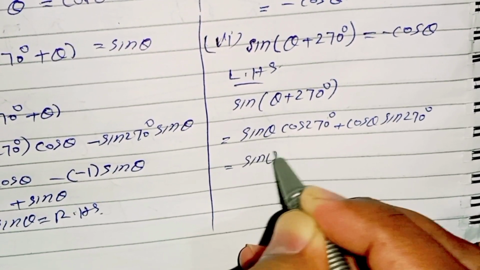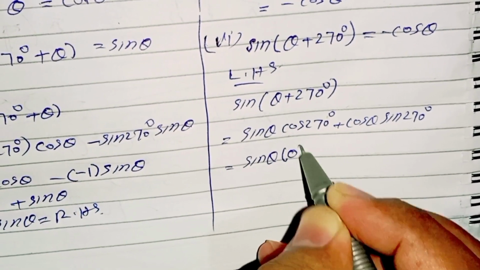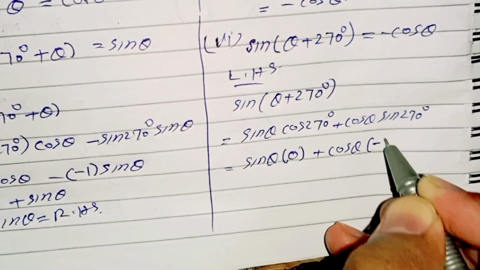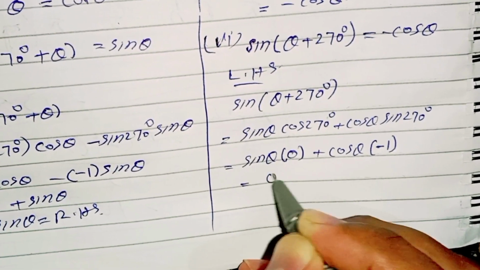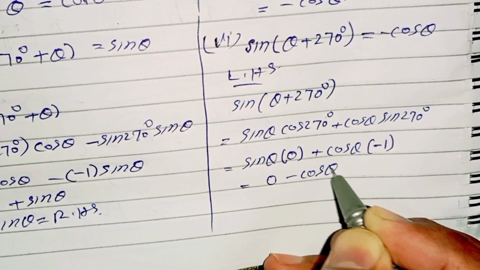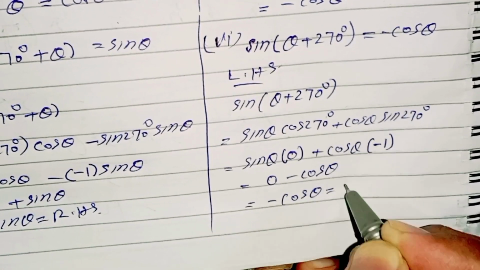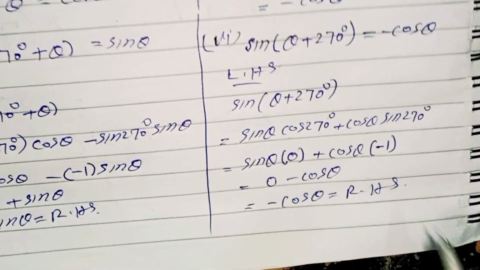The value of cos 270 degree is 0, and the value of sin 270 degree is minus 1. So 0 minus cos theta is equal to minus cos theta, which is required on right hand side.